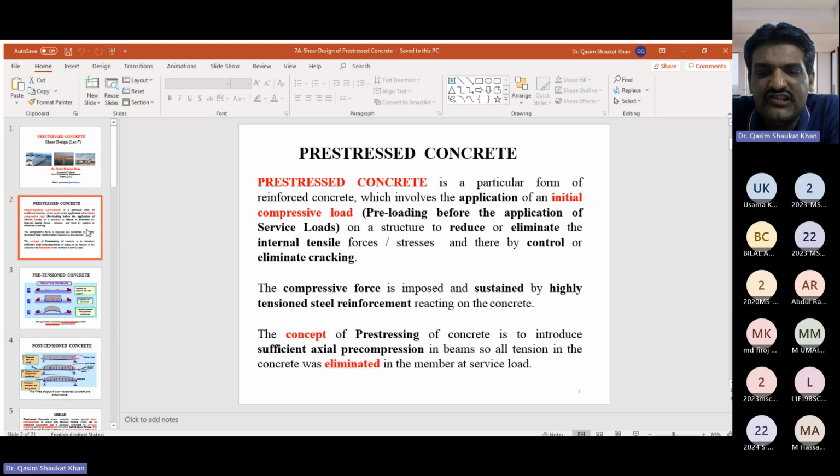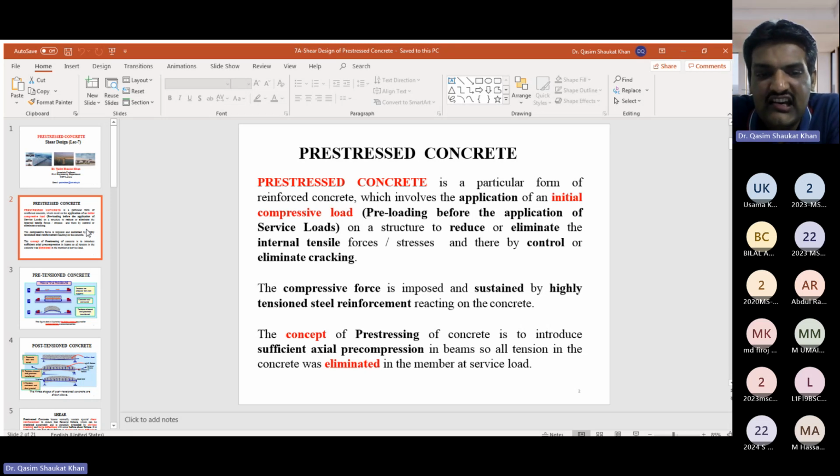The compressive force is imposed and sustained by high-tension steel reinforcement reacting on the concrete. The concept is to introduce sufficient axial pre-compression in the beam so that all the tension in the concrete is eliminated in the member at service loads.